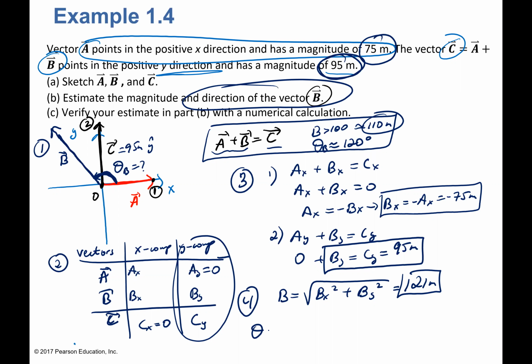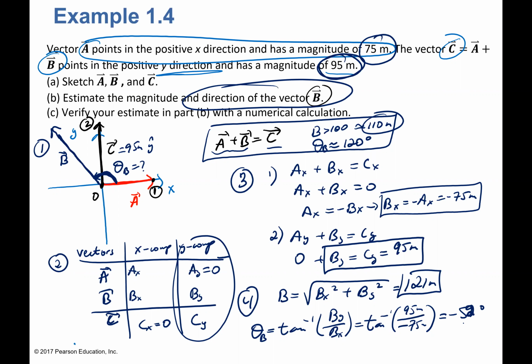Second is to find the direction of B, which is inverse tangent of the y component divided by the x component. So I do inverse tangent of 95 meters over negative 75 meters. What we get here is negative 51 degrees, sorry, 52 degrees.